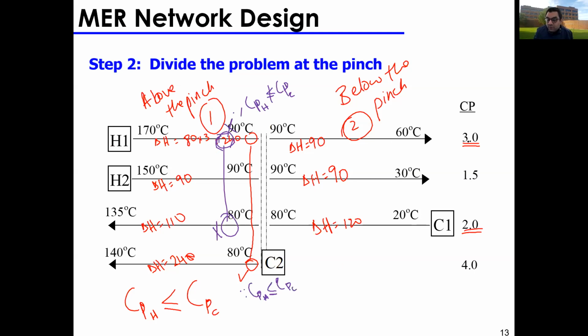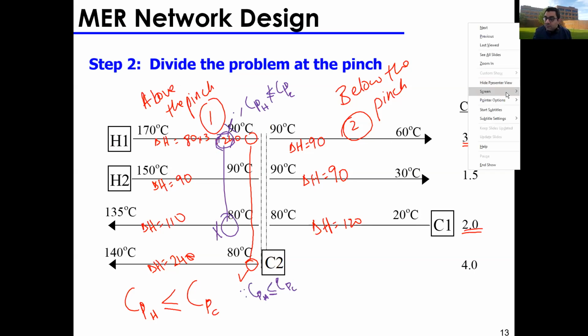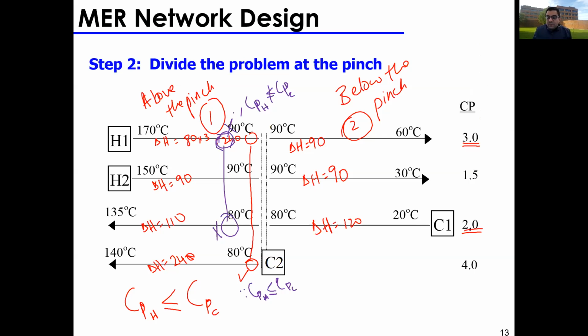Okay, so after you're done with the first stream, I move on to a second hot stream. So my first hot stream, I connected it to this cool stream because these two match. Let's have a look at how much energy I can transfer.